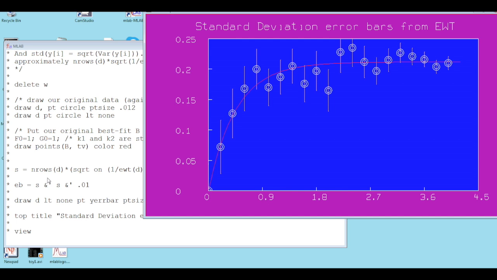And what does MLAB do when there's multiple solutions? Does it give you the first solution? Essentially, yes, it gives you the first solution. MLAB actually goes downhill on the sum of squares surface to find a minimal point. And it stops when the change in going downhill is 1 in 1,000.